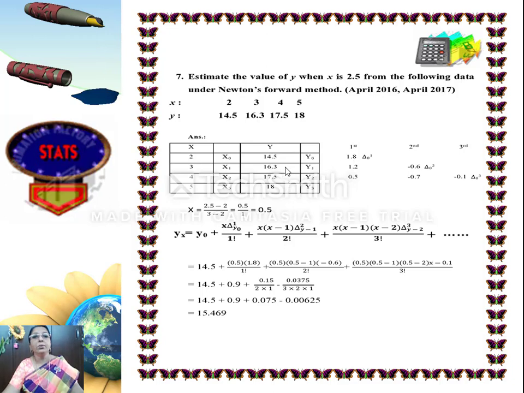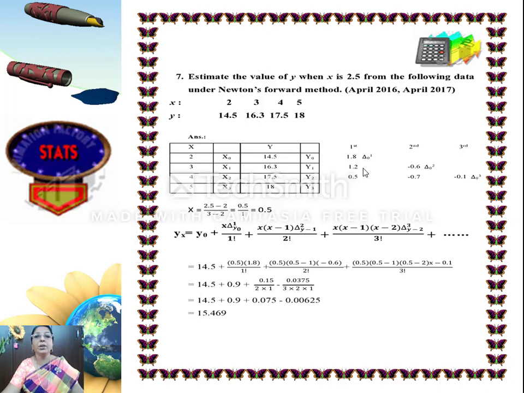So first we have 16.3 in the y value minus 14.5, which gives you 1.8. Then 17.5 minus 16.3, which gives you 1.2, and 18 minus 17.5, which gives you 0.5. Then the second difference. So this was our first difference. Now we go on to the second difference.